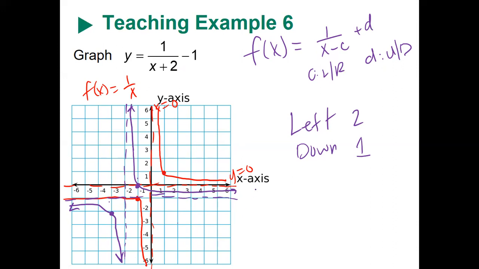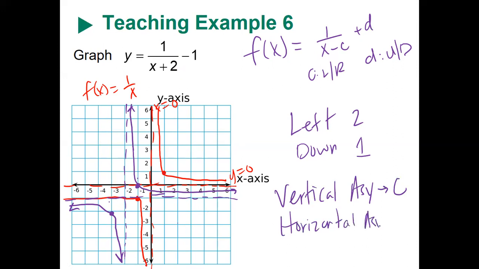The vertical asymptote, right? Your vertical asymptote comes from your C, and your horizontal asymptote comes from your D. Okay. If you're in parent function.